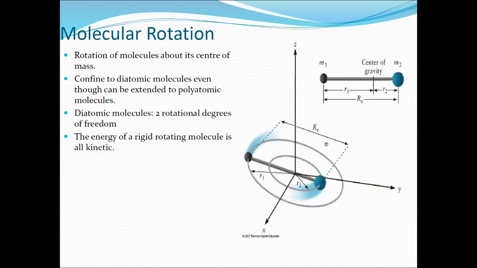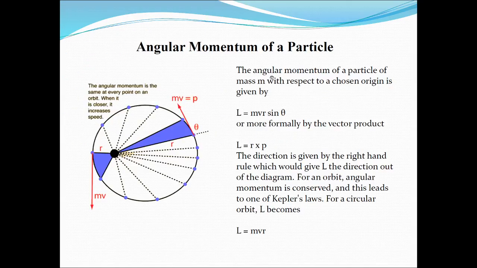The angular momentum is given by the symbol L. L is equal to m, the mass, v, the velocity, r, the radius, sine theta. Because v and r are at 90 degrees to each other, sine 90 is equal to 1. So the overall equation is L is equal to mv times r.